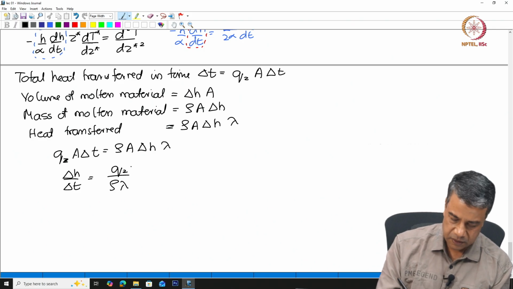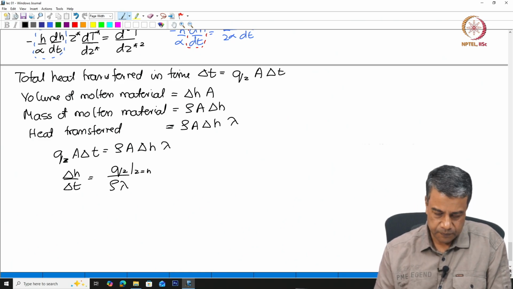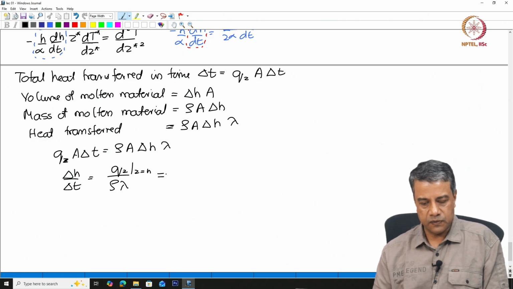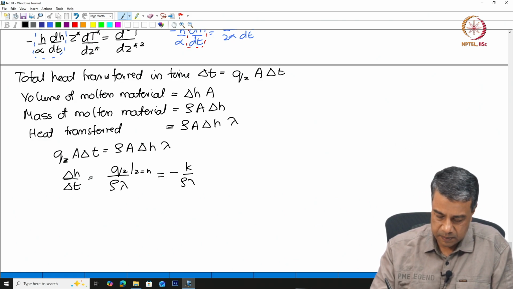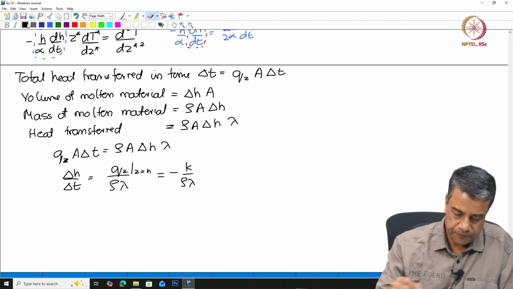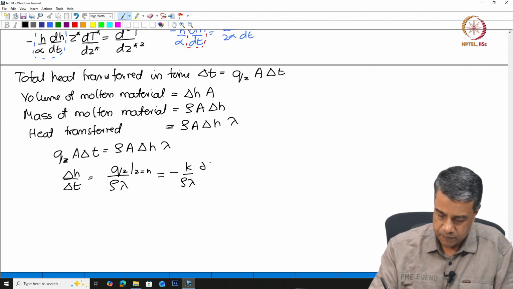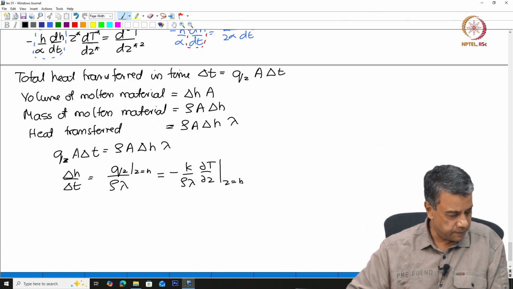This qz is at the location z is equal to h. And this is equal to, I can use Fourier's law of conduction, minus k by rho lambda dT by dz at z is equal to h.